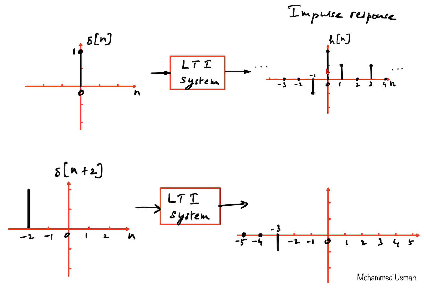So this term at 0 is shifted to the left by 2. Whatever is at 1 will appear at -1. So the value at 1 gets shifted to the left by 2, and we get that at -1. The value at 2 comes to 0.